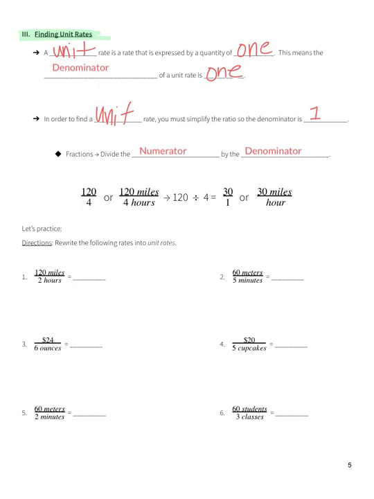So we take our numerator, 120, divide it by our denominator, 4, and we get an answer of 30. Remember, the denominator is always 1, so this is 30 over 1. That means you're traveling 30 miles per hour.